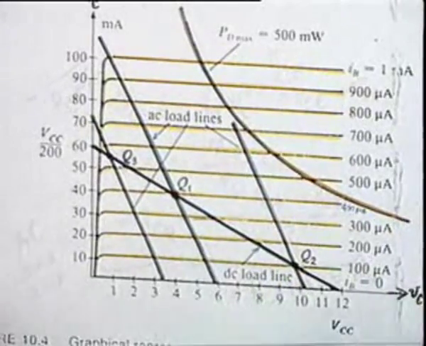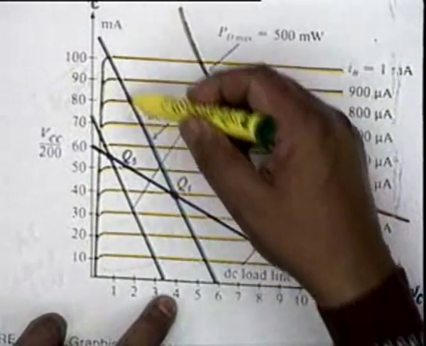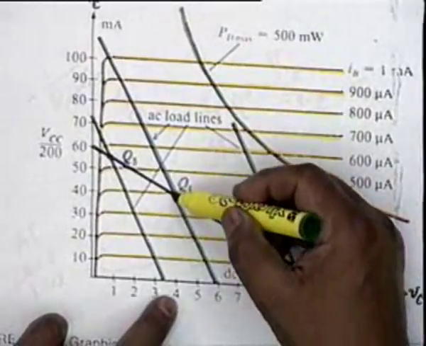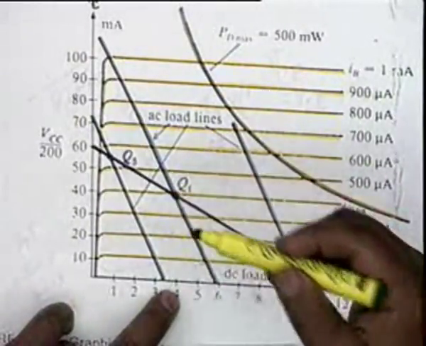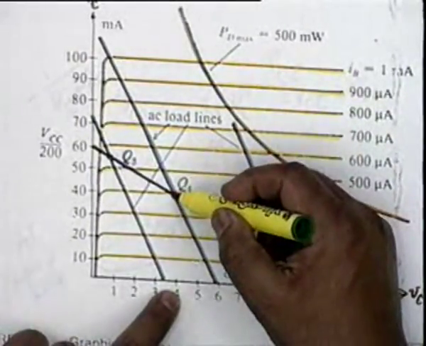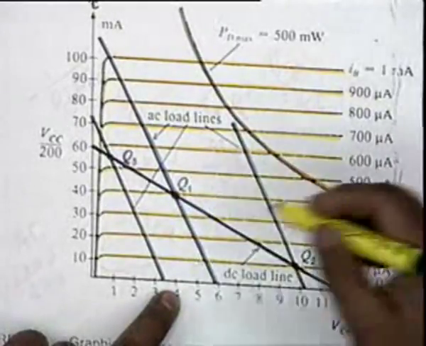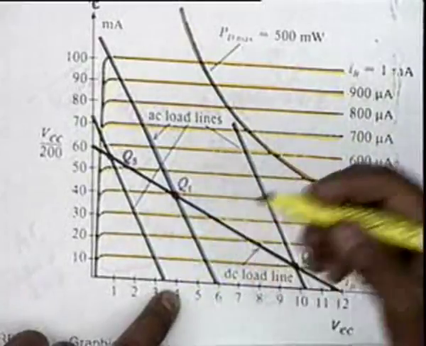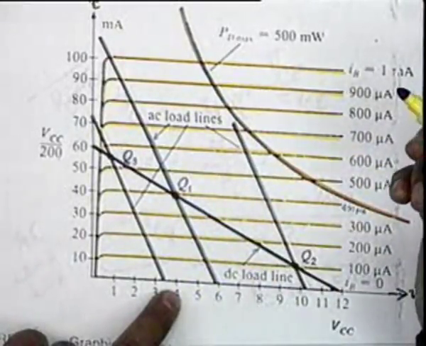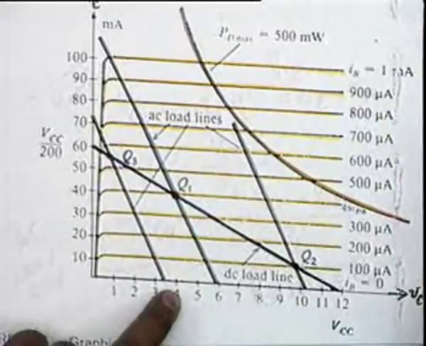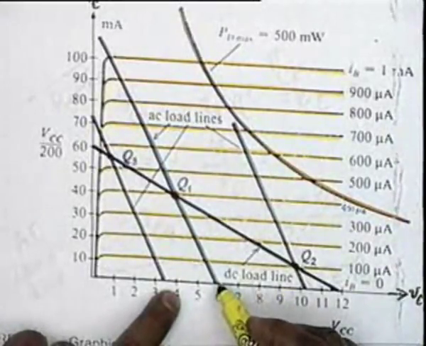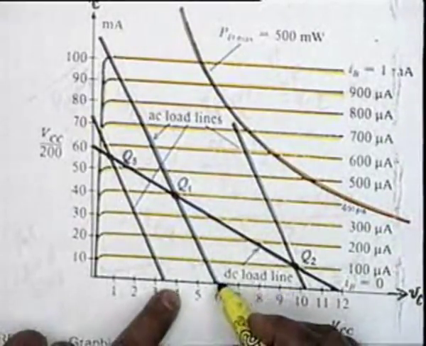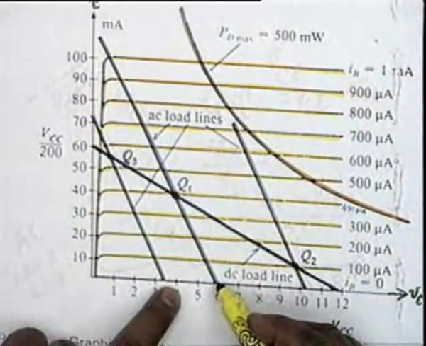Can I repeat? You see, if this is the AC load line, then the total voltage on the collector, when the AC input is 0, is simply 4 volts. If the AC input is increased, then the collector emitter voltage increases and the maximum increase permitted is 6 volts. Maximum VCE permitted is 6 volts.